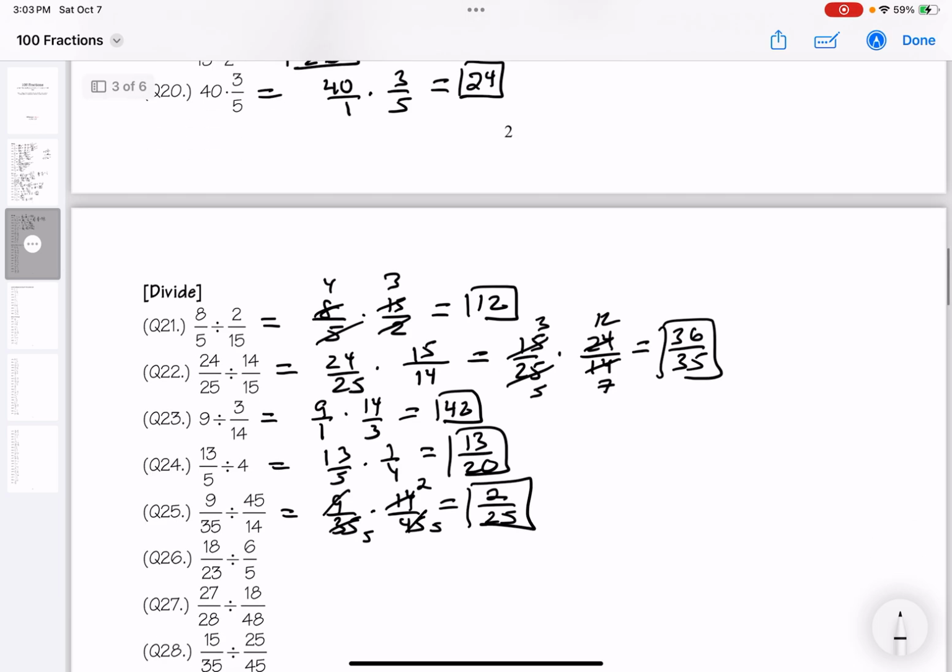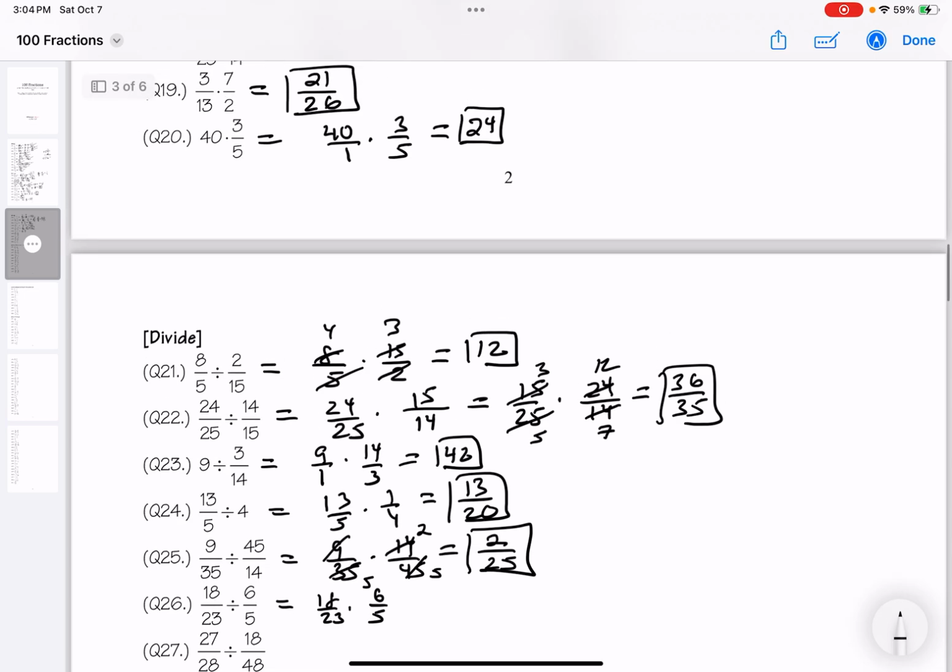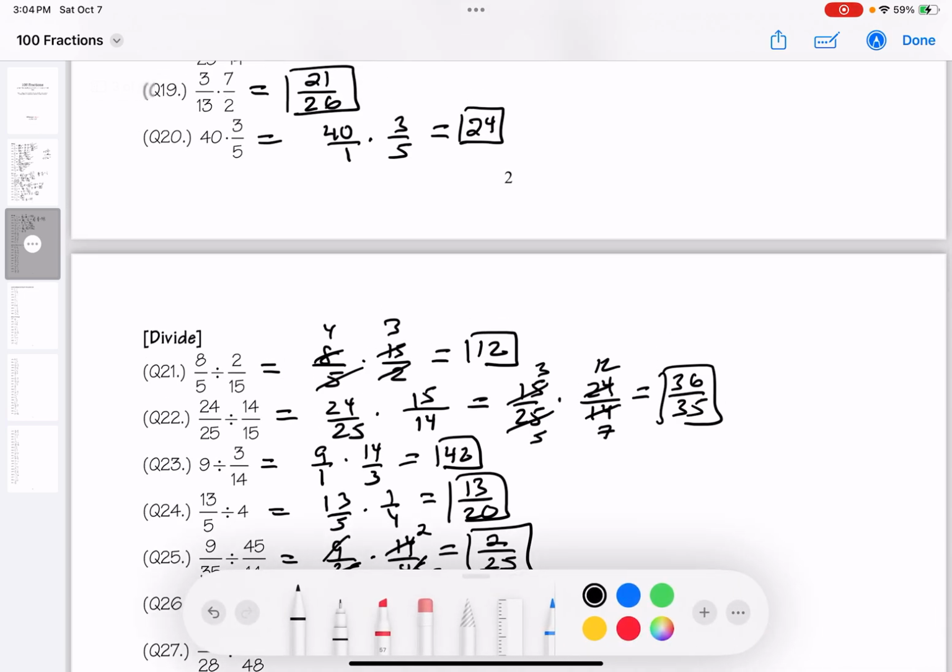All right, let's do the next one. And what do I see there? 18 over 23 times 6 fifths. I'm sorry, not times 6 fifths. Let me get my eraser out. Let me get my pen back.